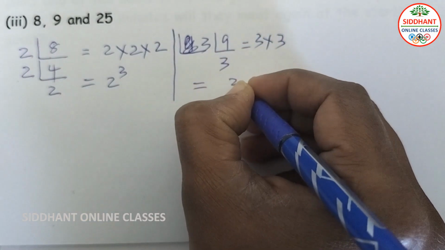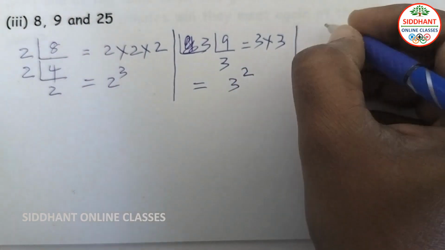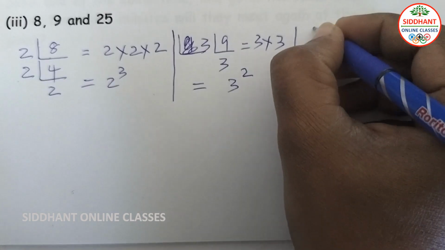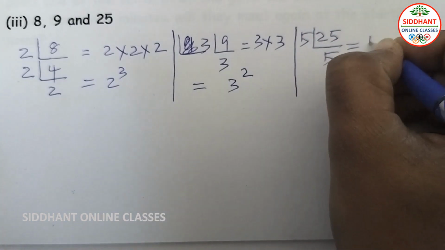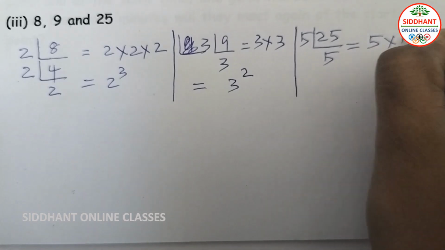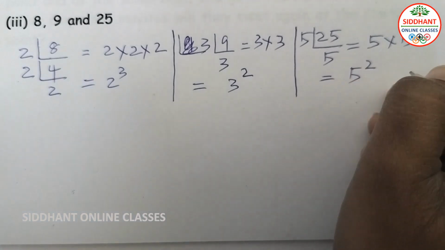So the factors will be 3 to the power of 2. Next number 25 divides with 5, 5. So that will be 5 into 5, so it is 5 to the power of 2.